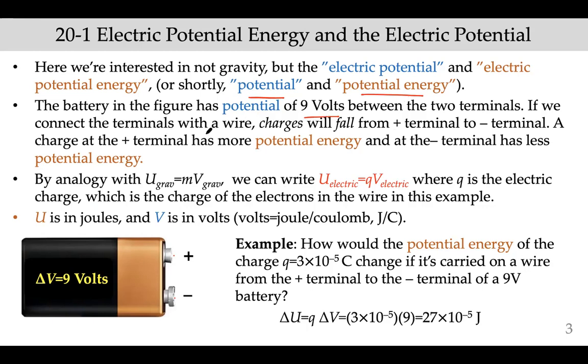If we connect the terminals with wires, you can, if you want, have some lead or some resistor, that doesn't matter. If you do that, then charges will flow from the plus terminal to the minus terminal.